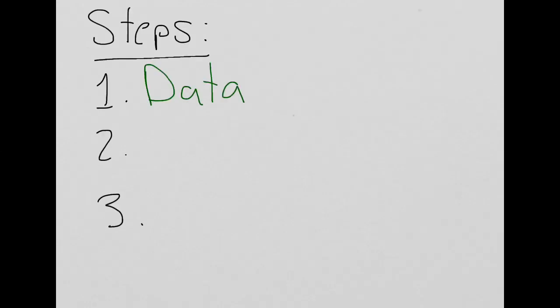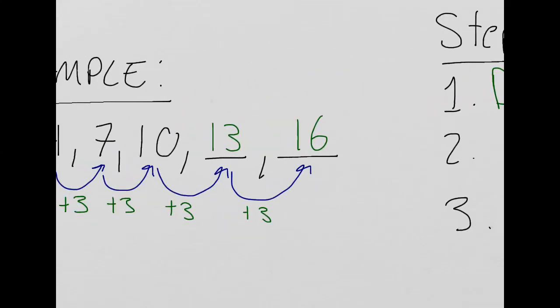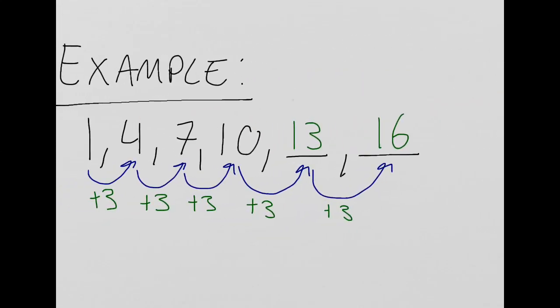There are 3 steps. The first step that we use in inductive reasoning is to look at data. So, to look at our example before, when we were given this set of numbers, 1, 4, 7, and 10, that was our set of data.